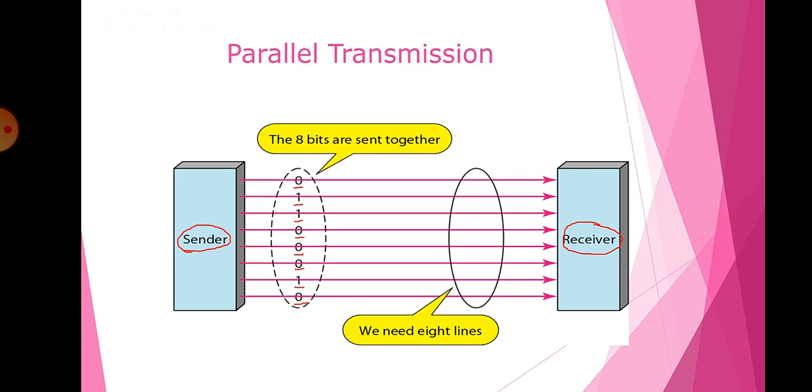Here 8 bits are sent from the sender, and we can send all 8 bits together. Because the total number of bits is equal to 8, we need 8 different wires. That means we need 8 lines to transmit the data.